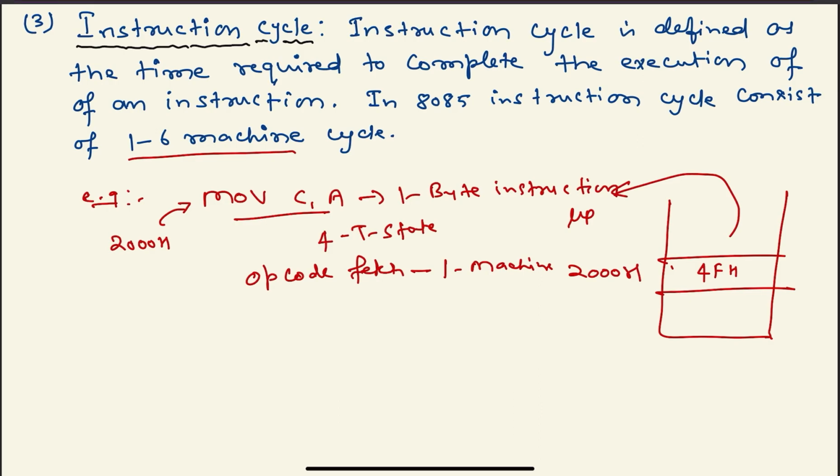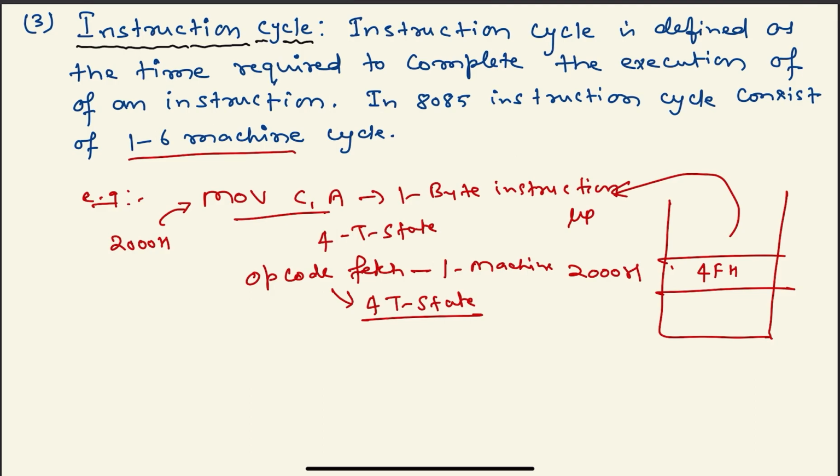It means it copies the content of the accumulator into the C register, and by that the execution is completed. So it takes one machine cycle, the opcode fetch, and for the opcode fetch it takes 4T states. This 4T state is the duration of this instruction cycle. In 8085, the minimum number of operations is 1, and that is the opcode fetch operation.